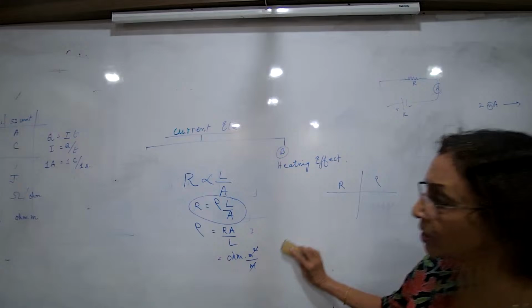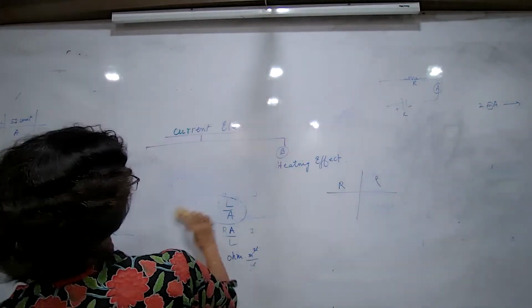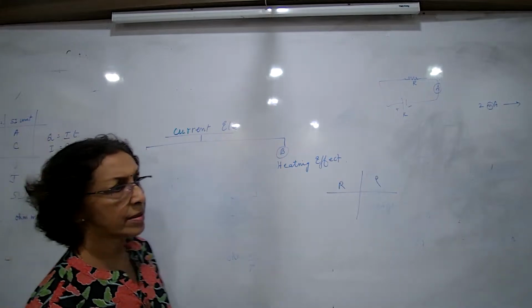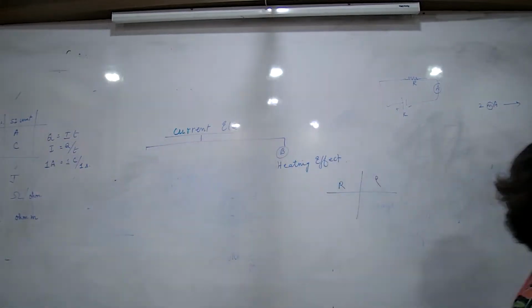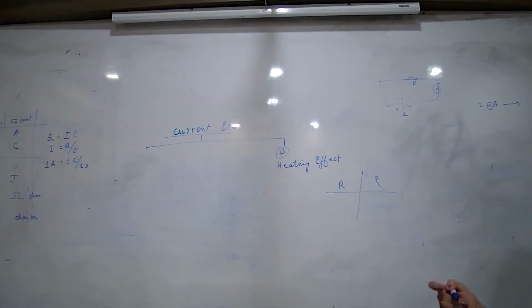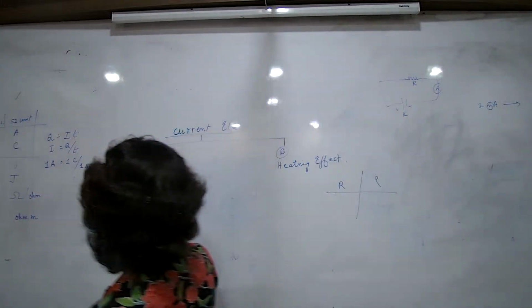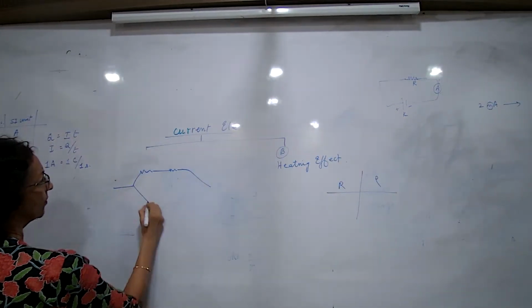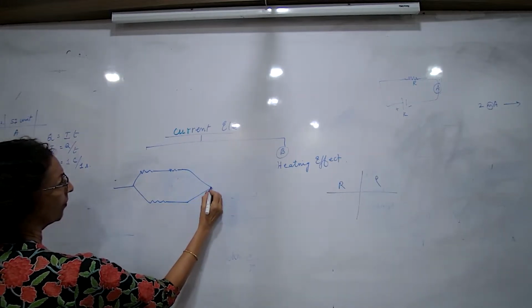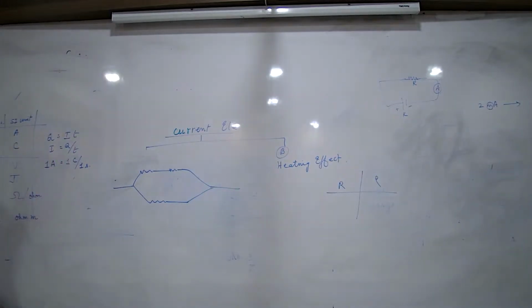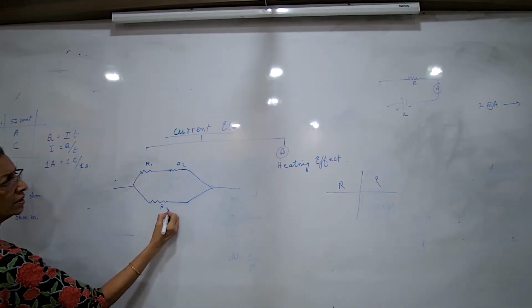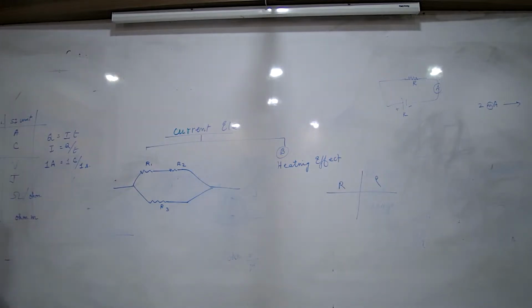What are we talking about now? Series and parallel. Suppose I'm having something like this. I am giving you the values of R1, R2 and R3.